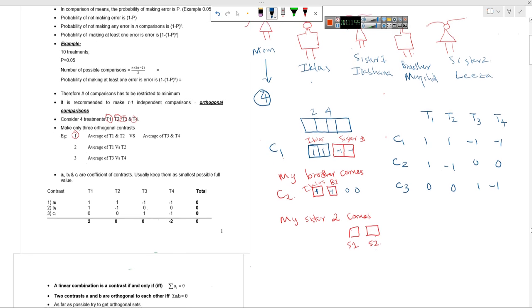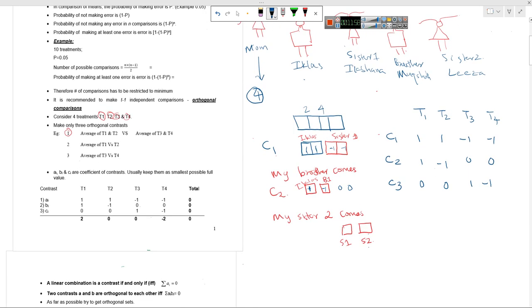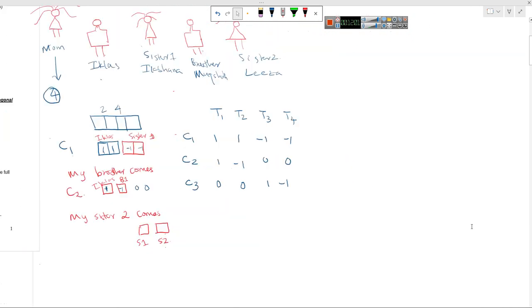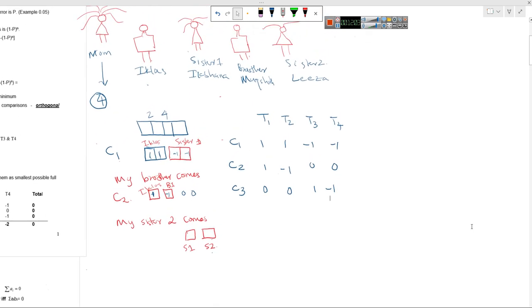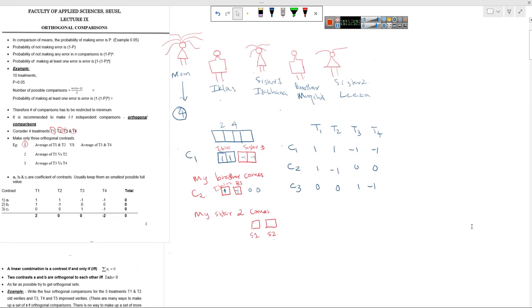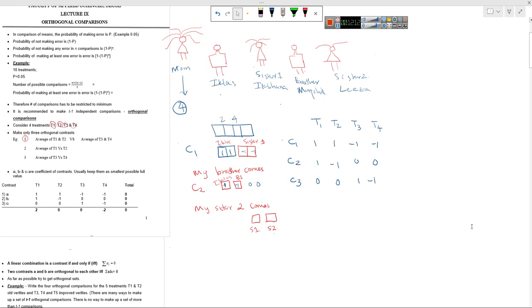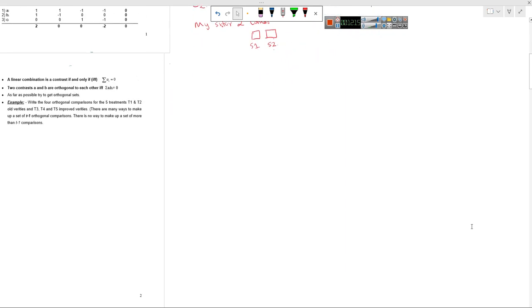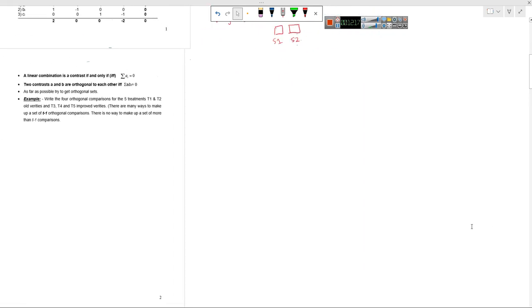Now I will explain how we can write the possible contrasts for the 5 treatment scenario. So let me explain it here. My mom gives 5 chocolates and tells me I can share with my sister, but I can take 3 and give 2 chocolates to my sister.